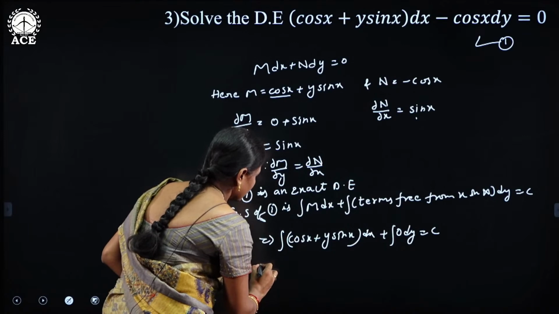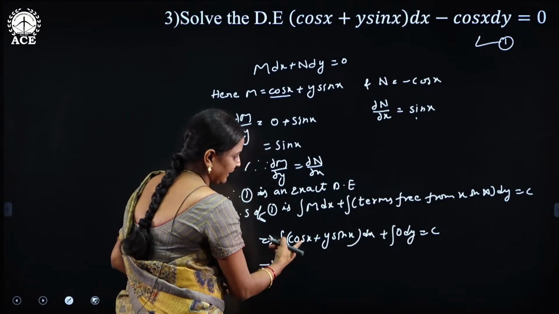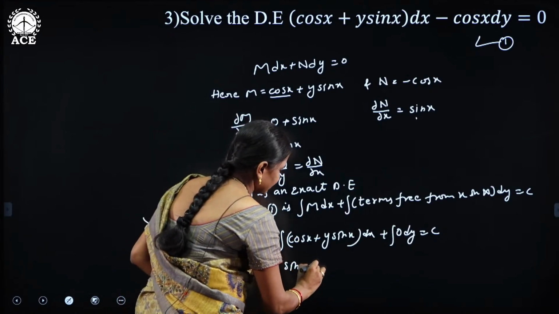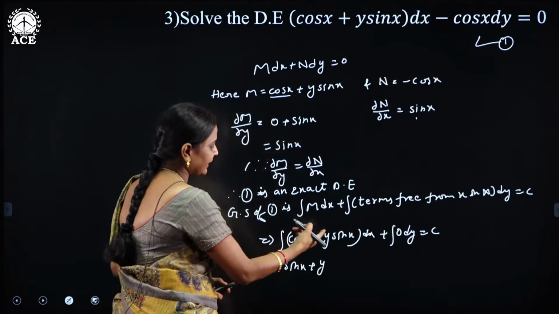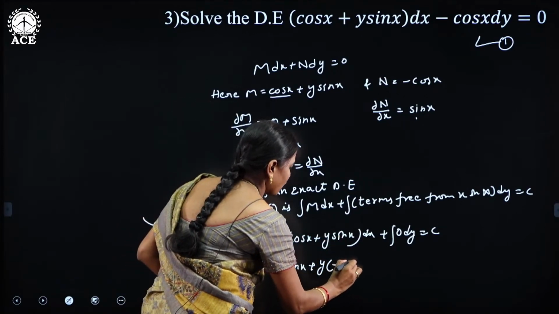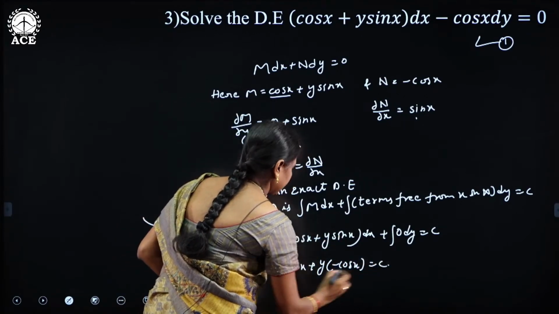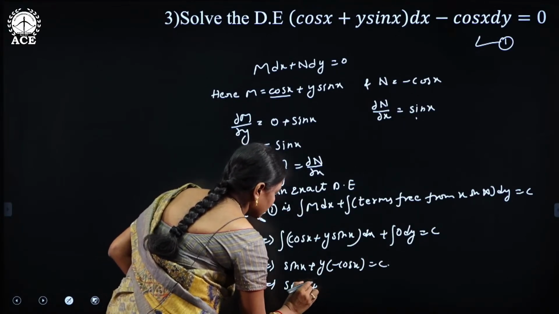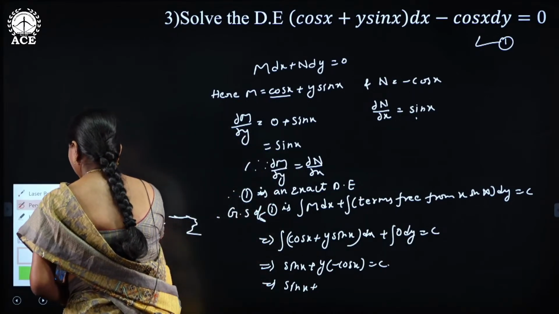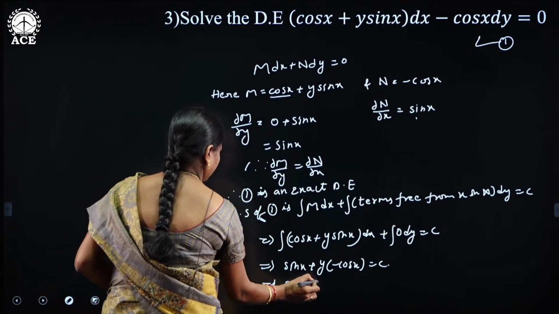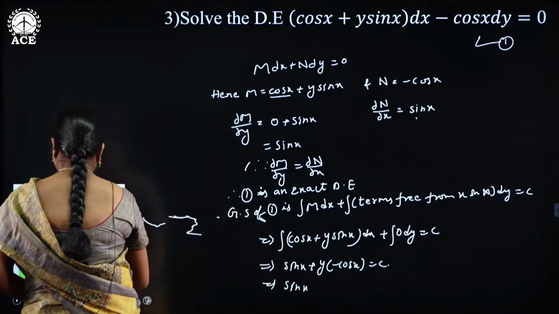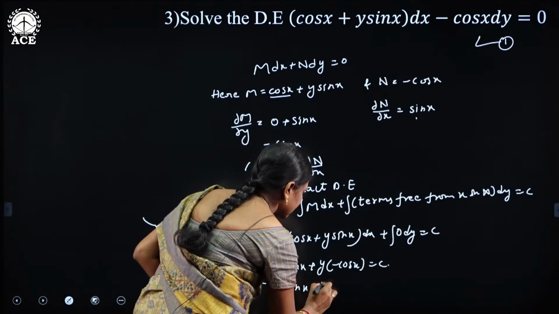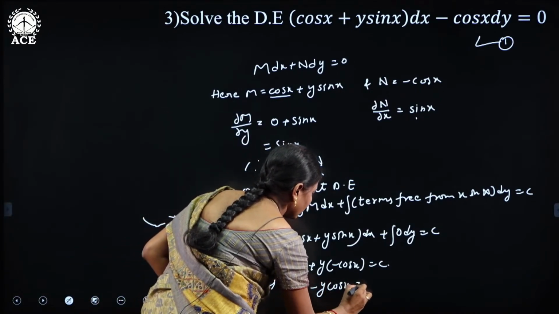Now the first integration is performed with respect to x. Integration of cos x is sin x. While integrating with respect to x, treat y as the constant, and integration of sin x is minus cos x, is equal to c. So that implies the general solution: sin x minus y cos x is equal to c.